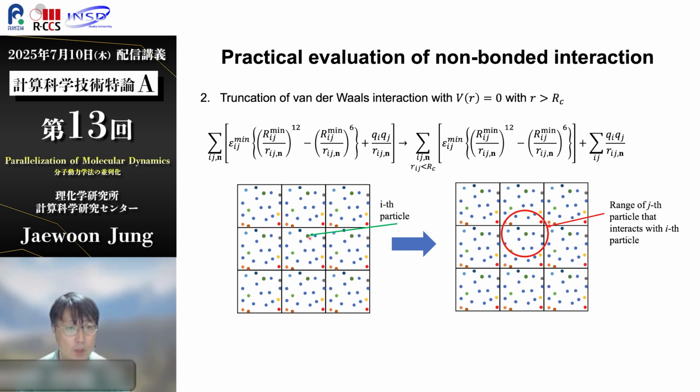So for example, for this particle, basically you want to consider all of the interactions between this particle and other particles. But in the case of van der Waals interaction, we can make this threshold value where you can consider only the interaction between this particle and other particles within this circle.